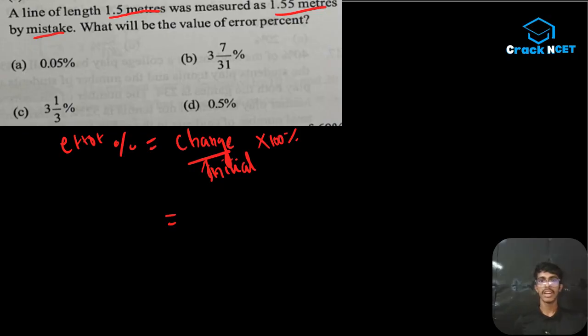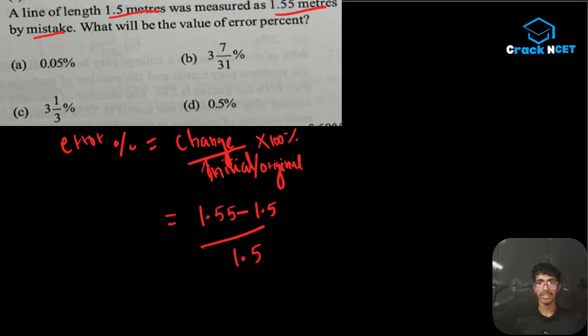So the line's length is mentioned here and it was measured as this. So what is the change? 1.55 minus 1.5, and the line's length was 1.5. It was the initial, or you can also write original. Change divided by initial or original into 100 percentage.